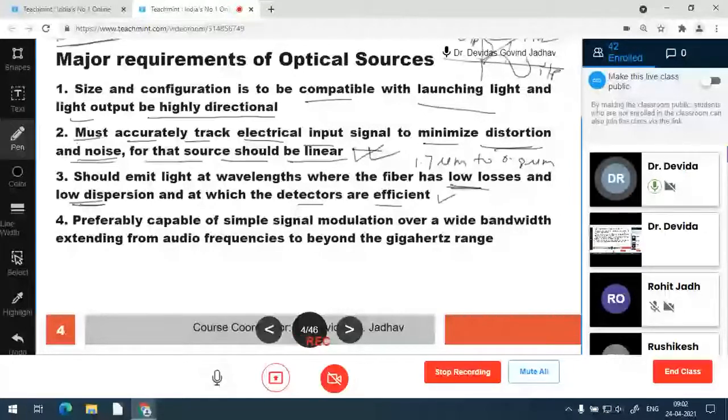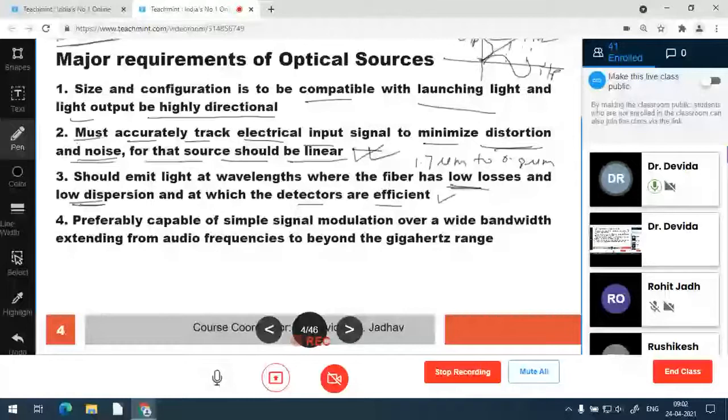Fourth is, the source should preferably be capable of simple signal modulation over a wide bandwidth extending from audio frequency beyond the gigahertz. The modulation should be simple.